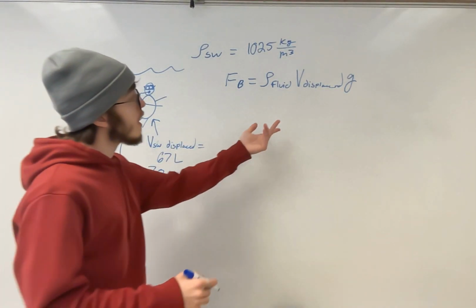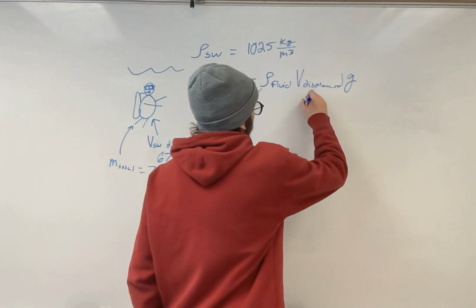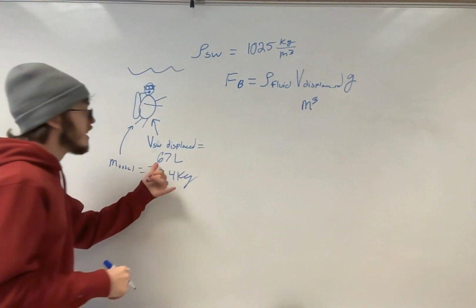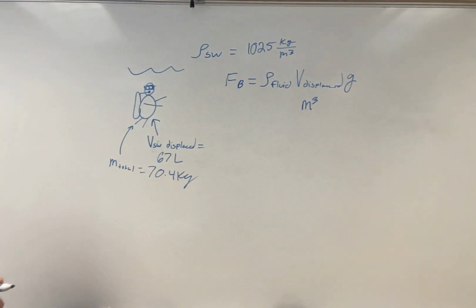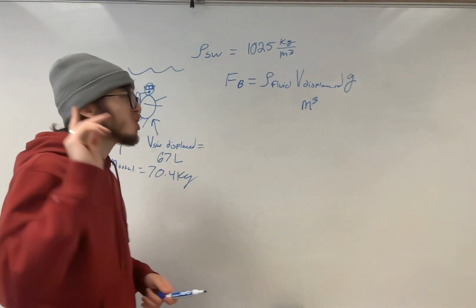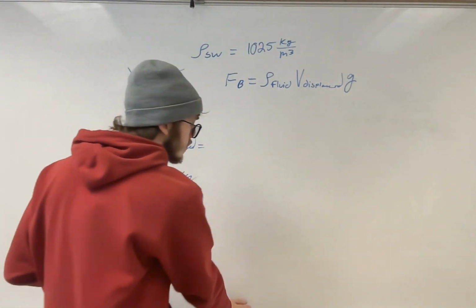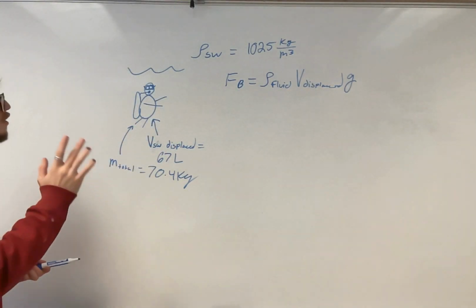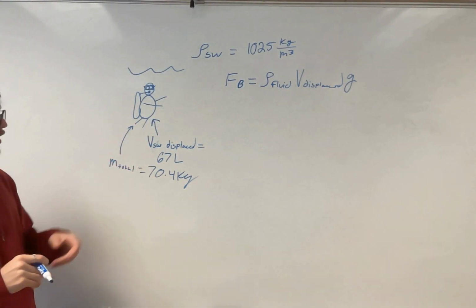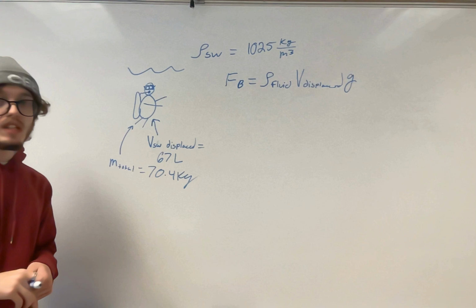And notice how I said the volume was in meters cubed. And we're given the volume in liters. That is not good. But there is a trick that you can use throughout your entire chemistry or physics career to really be able to convert liters to cubic meters if you need to.